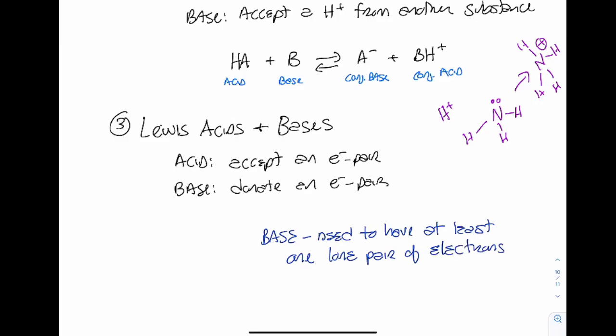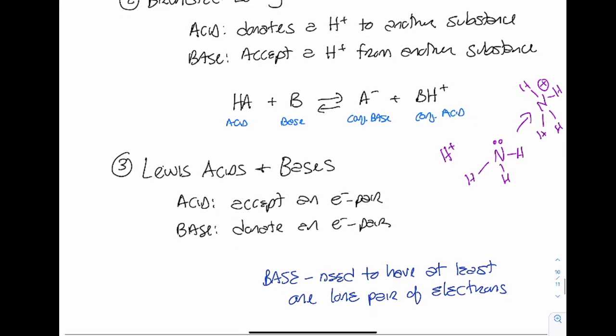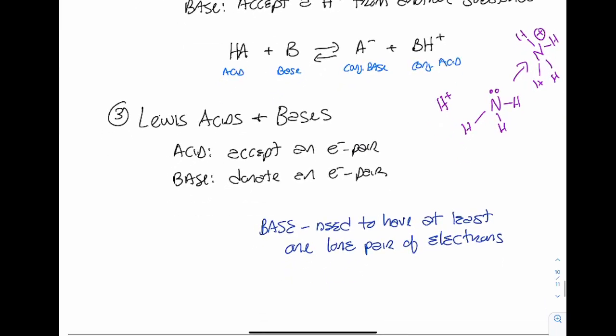So if you're not writing it down, you should, right? Our Bronsted-Lowry bases also have to have a lone pair of electrons. So a Bronsted-Lowry base is going to be a Lewis base and vice versa, right? If they're going to bond to something that doesn't have electrons, they have to have a lone pair to donate. So my base needs to have at least one lone pair of electrons.